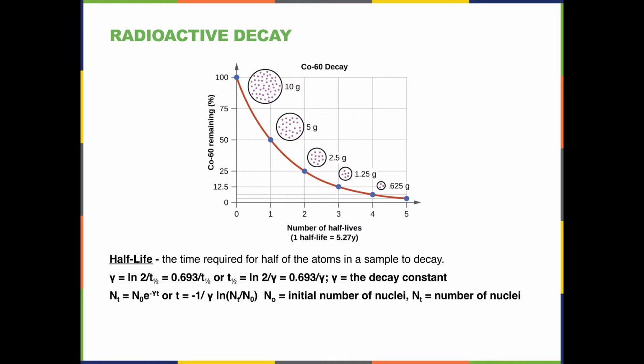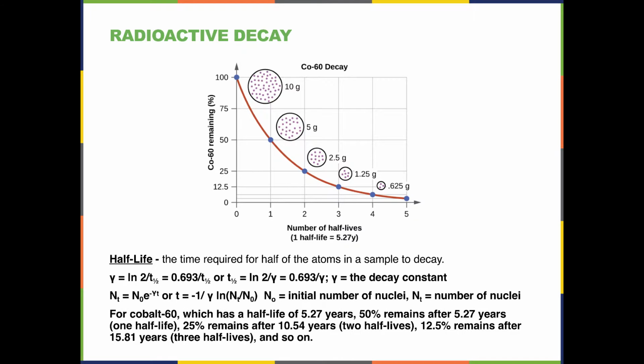And so if you rearrange that, t is equal to 1 over the decay constant times the natural log of the number of molecules you're looking at divided by the number of molecules you start out with. So as we've shown above, and I stated before, after 10.54 years you have 25%. After 15.81 years you have 12.5%.